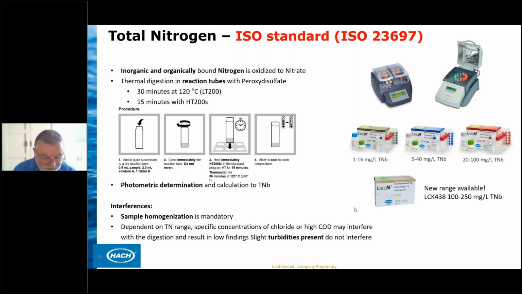You can choose the classic mineralization, which lasts 1 hour, or the rapid one in 15 minutes if you have the high temperature heater HT200S. To increase the measurement range, we have just launched a new test which goes from 100 to 150 milligrams per liter.